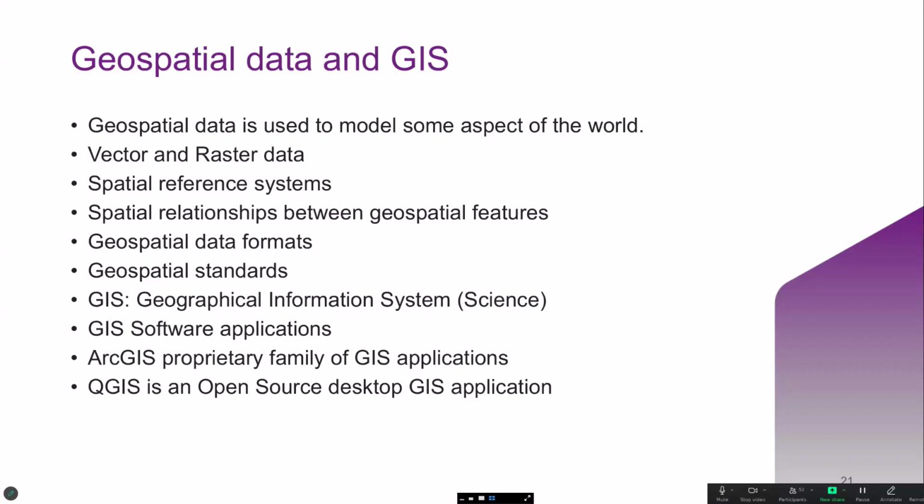Within geospatial data, there's vector data and there's raster data. So vector data is collections of points, so X's and Y's, points, lines, and polygons. Raster data is gridded data. If you're familiar with photography, you get a raster image, like a TIFF, which has an RGB value.